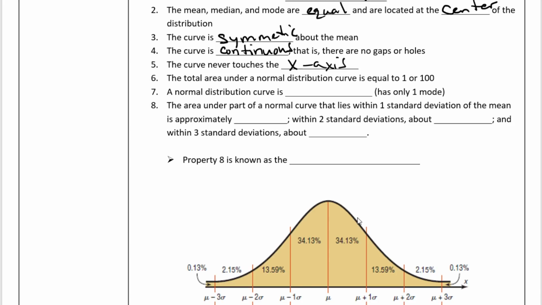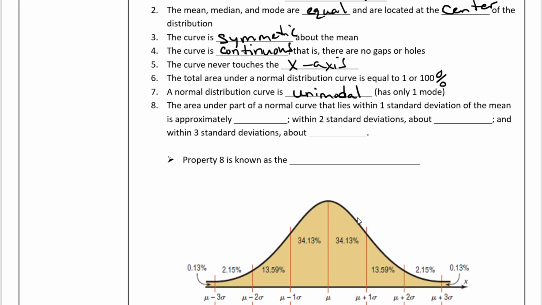However, even though it never touches the x-axis, one of the interesting properties is that the total area under the curve is equal to 1 or 100%. A normal distribution curve is unimodal. Unimodal means it only has one mode, and the mode is in the middle.